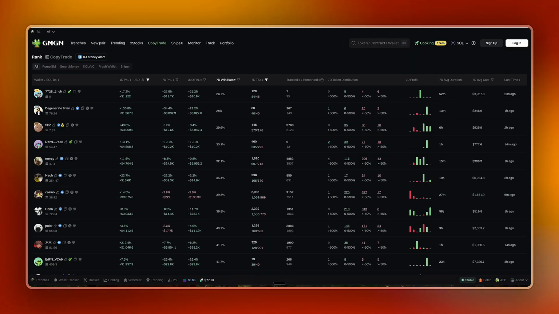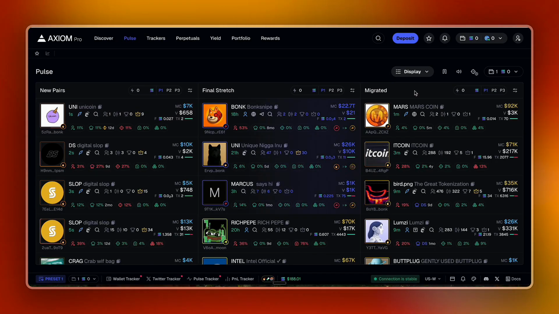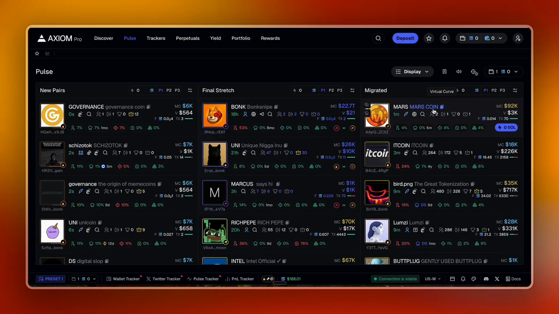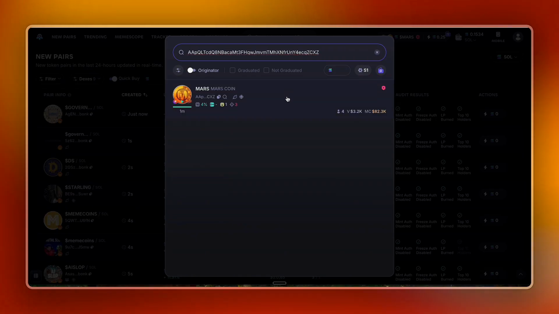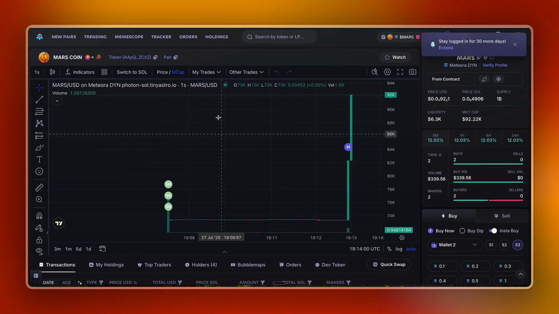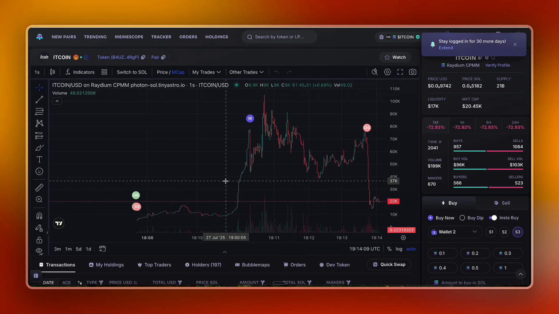What I would do actually is I would use Axiom to find tokens that have been doing well for that day. So I would go to the migrated section here, and then I would use Photon because I like the layout of Photon best to come through and try to find good tokens that don't look like this. So you just come in and try to find tokens that look pretty good, like something like this.